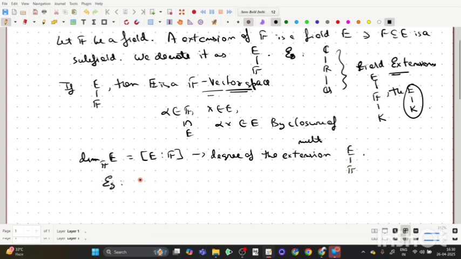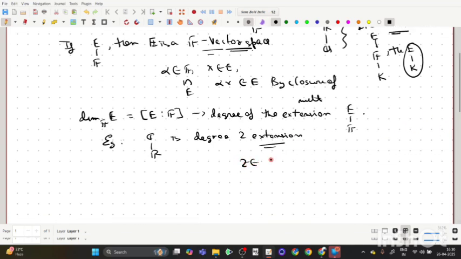Example: C over R is a degree 2 extension, because if I choose an element z from C, then z can be written as a plus ib.